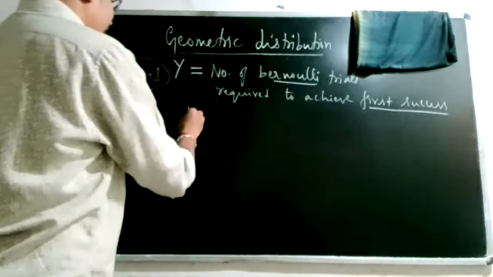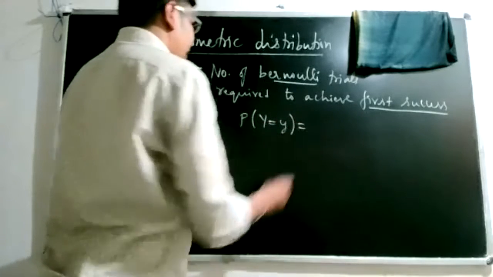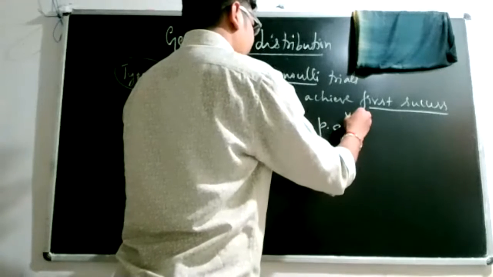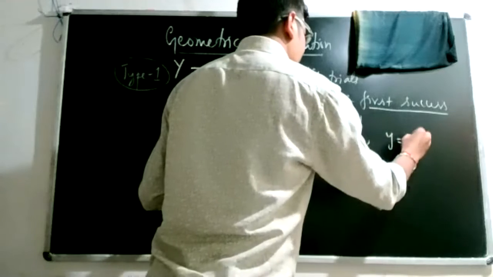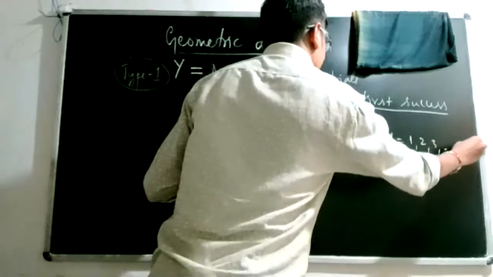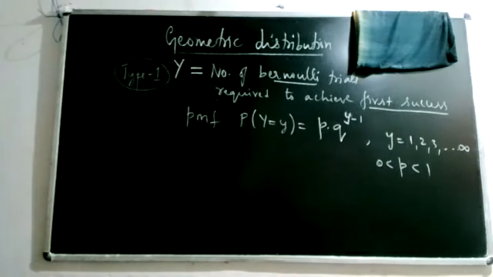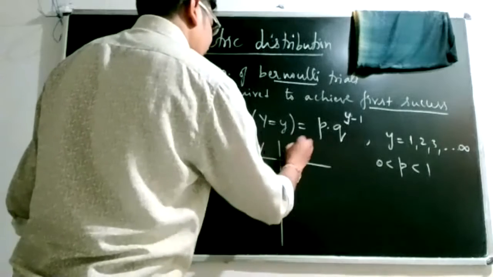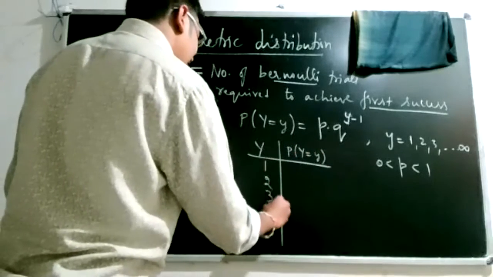Here the PMF of y will be P of y is equal to p into q to the power of y minus 1, where y is equal to 1, 2, 3, etc. up to infinity, and p is the probability of success of the Bernoulli trial. So you can say what is the probability of observing success in the very first trial, second trial, third trial, and so on.